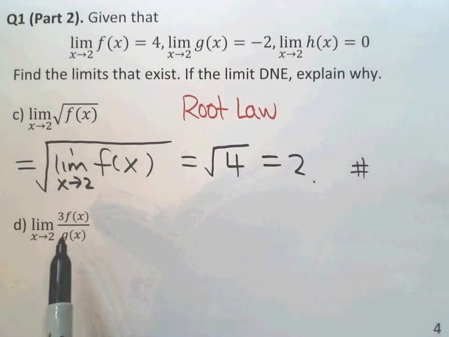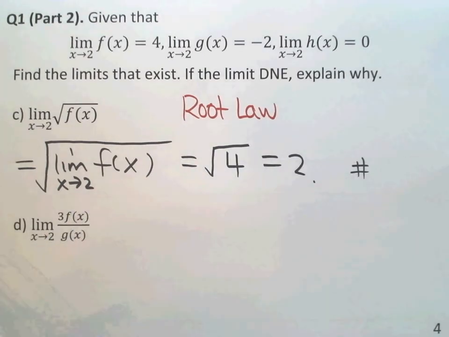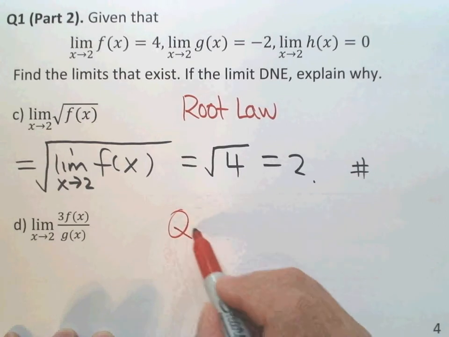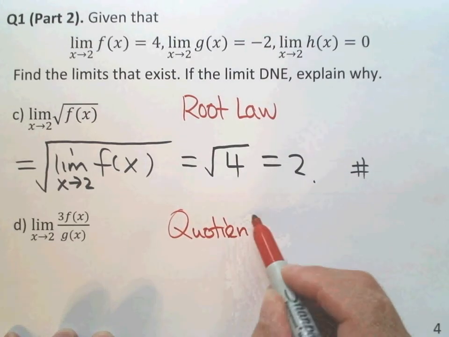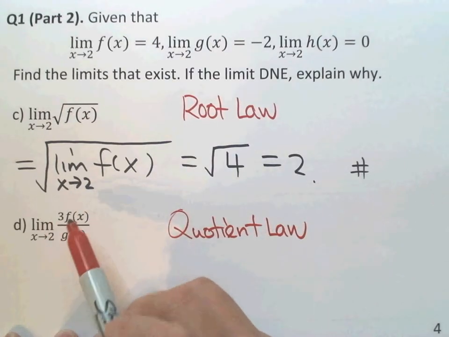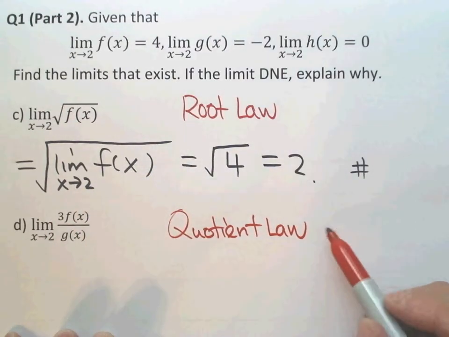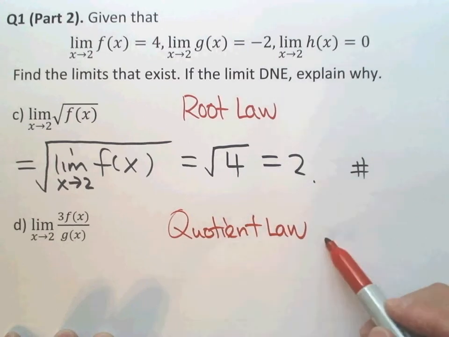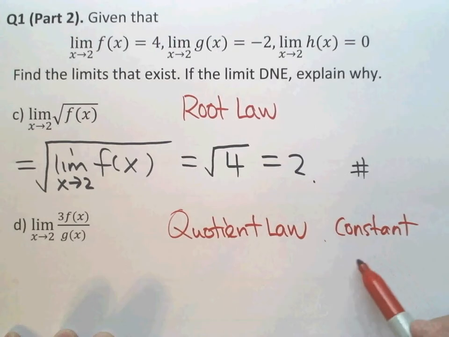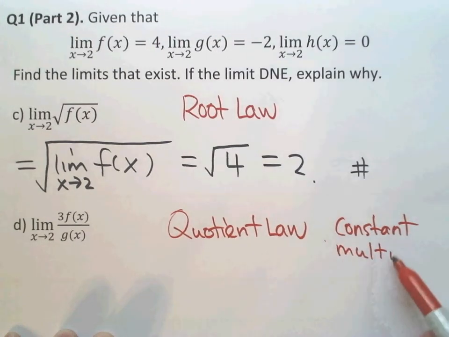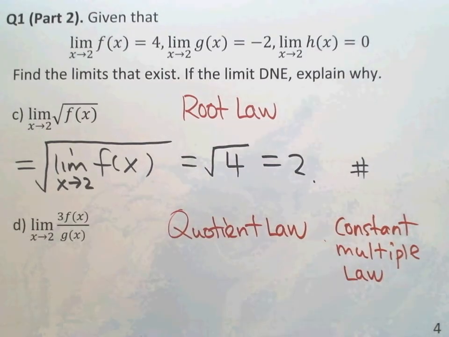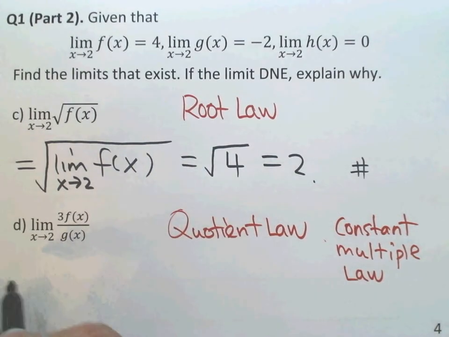One more. Which law do we use? First it is the quotient, so we use the quotient law first. Then the 3 times f has a constant multiplier, so we use the constant multiple law as well. We merge these two together.